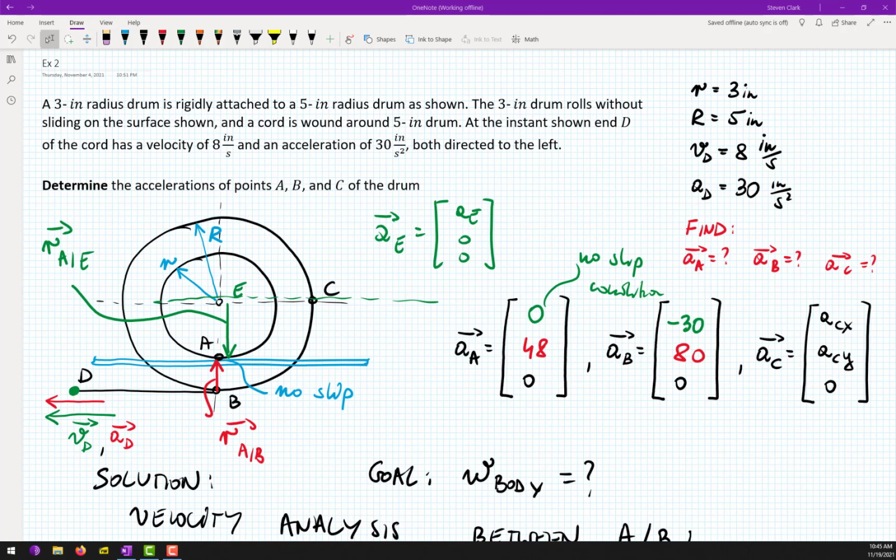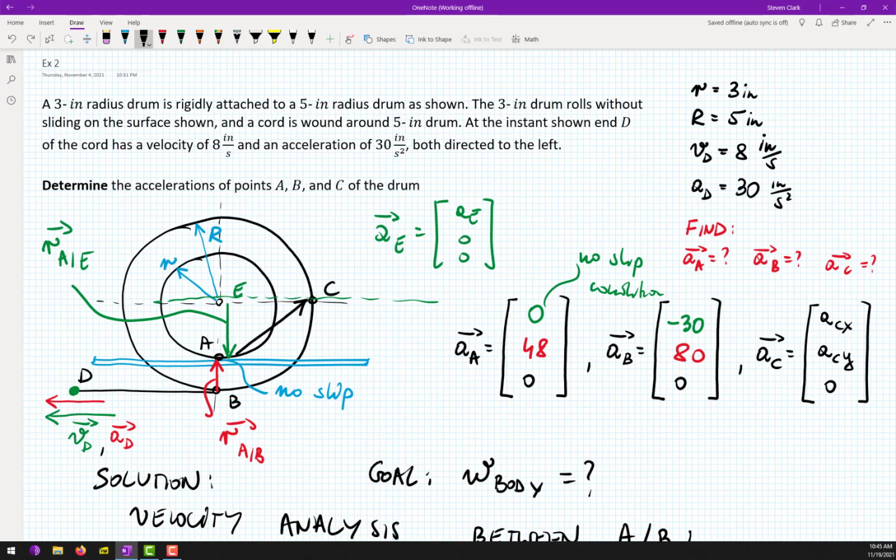Just run again one more time acceleration analysis, which is very lengthy. Let's say between points C and A. So let's say maybe between these two points. I choose point A. You can choose point B, or you can choose this point. Anyway, it's good to run analysis with respect to a point you already found. So we found this vector.